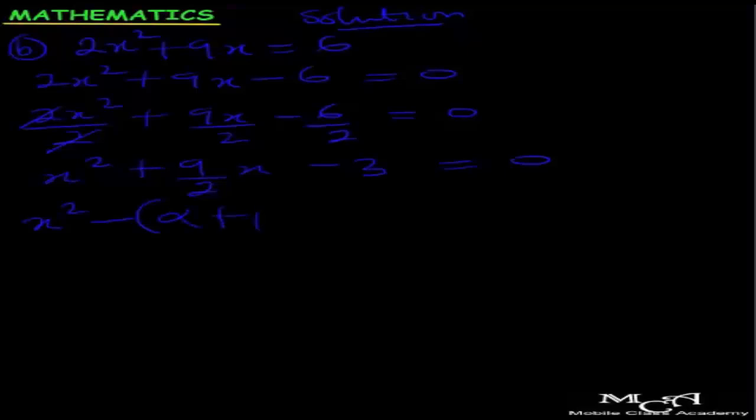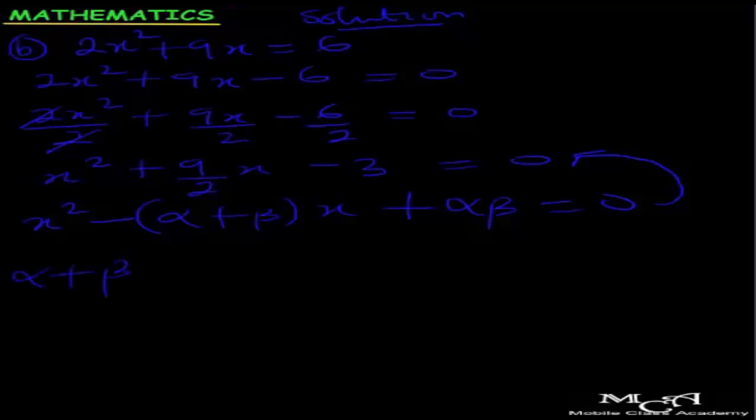Now, remember that the equation for constructing a quadratic equation is x squared minus the sum of roots, which is alpha plus beta, x, plus the product, which is alpha beta, equal to 0. If we compare this particular expression and this together now, the sum of the roots, alpha plus beta, is known as minus b over a.